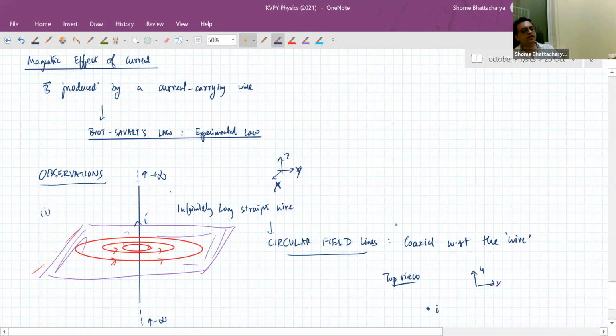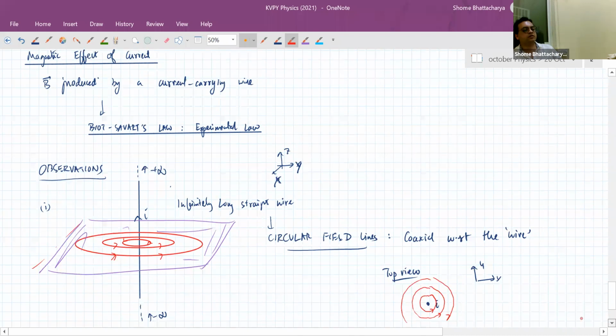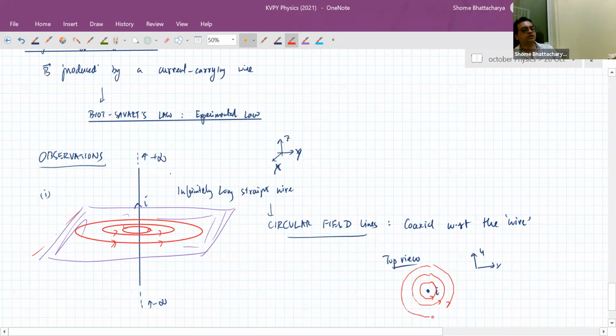So here the current carrying wire will be coming out. The magnetic field lines that we will see will be circular loops such that if the current is coming out of the plane, then the loops will have a sense which is anti-clockwise. Whereas if the current was going into the plane, then the loops would have a sense which is clockwise.